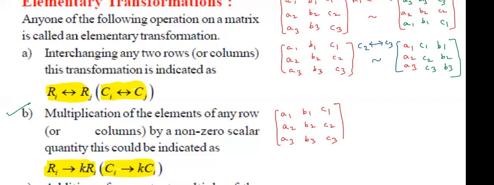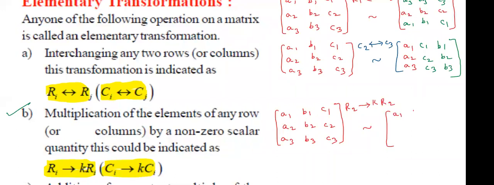So here what I am doing is, in the R2 row, each and every element I am multiplying with 4: 4R2. In place of 4, you can take K also, no problem. K means some constant. So I am taking K. What is going to change?